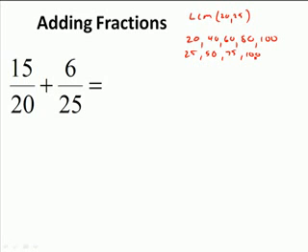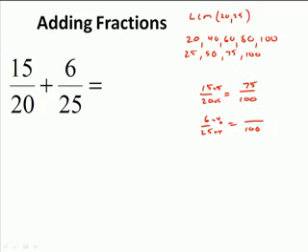So the LCM is 100. So 15/20 has to become something over 100, and 6/25 has to become something over 100. To get from 20 to 100, I multiply by 5, do the same to the top, 5 15s are 75. To get from 25 to 100, I multiply by 4, do the same to the top, so that's 24/100.